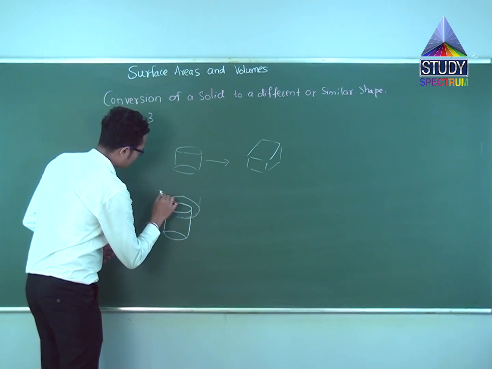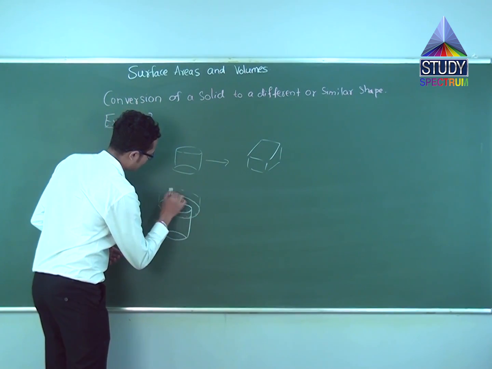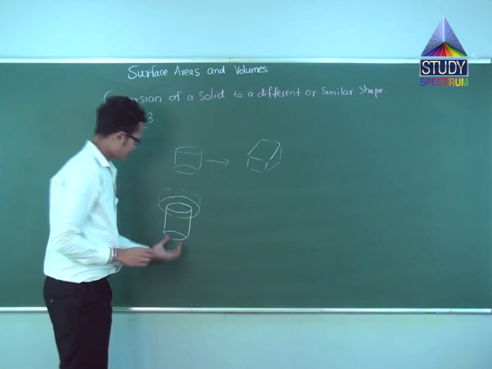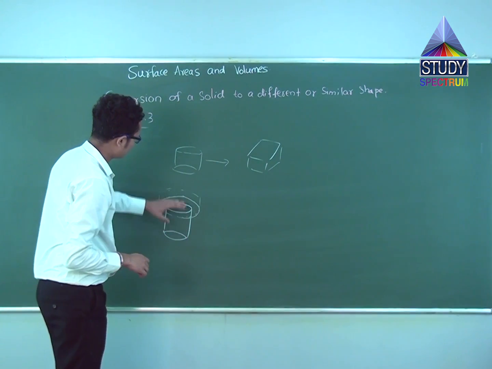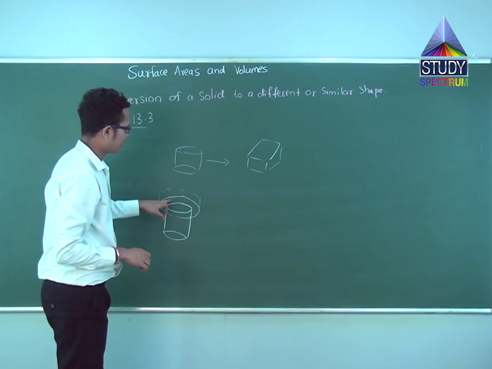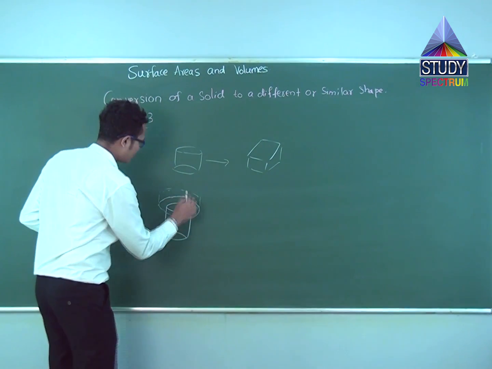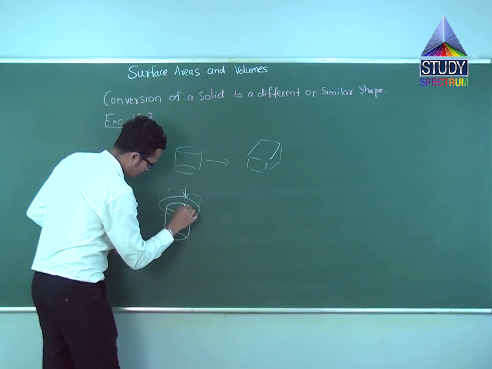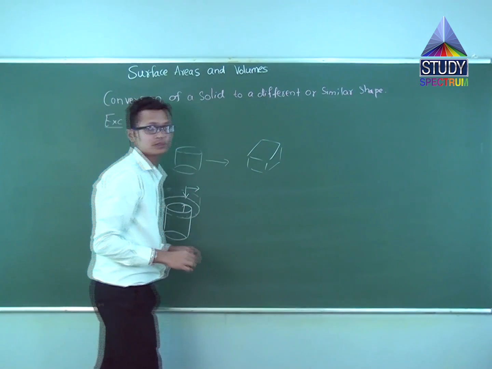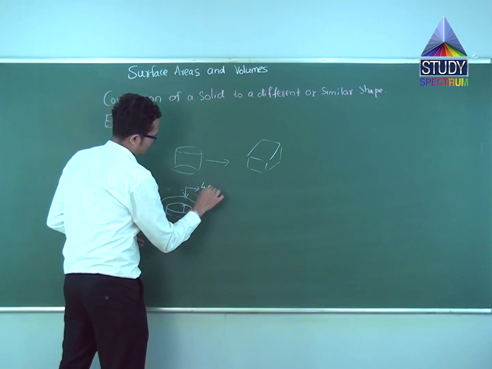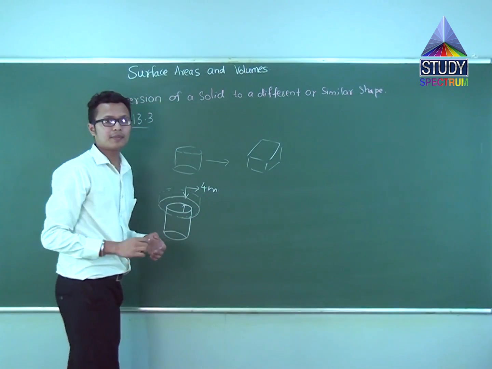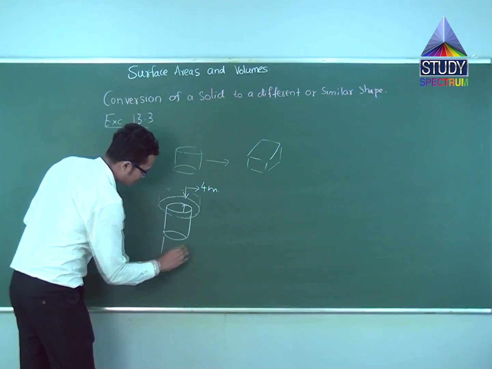And we have to find out the thickness of this ring. The mud is layered in the form of a ring. The width of the ring is given as 4 meters, and the diameter of the well is given as 3 meters.